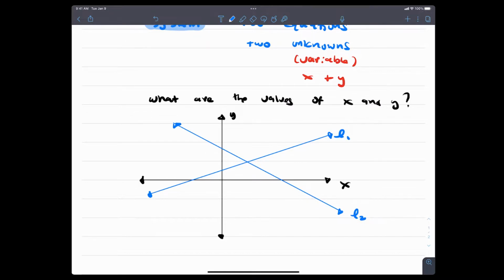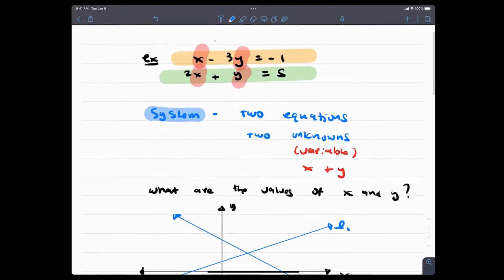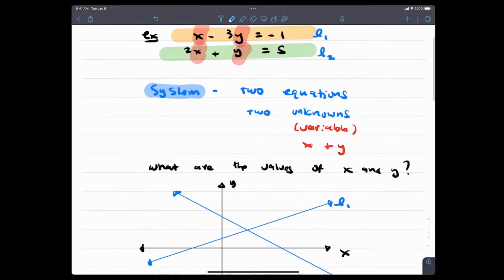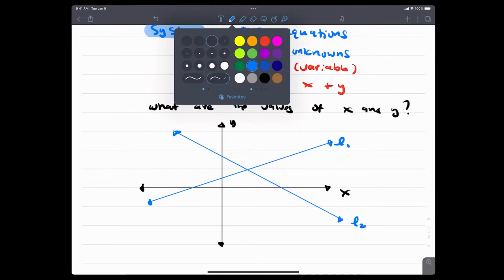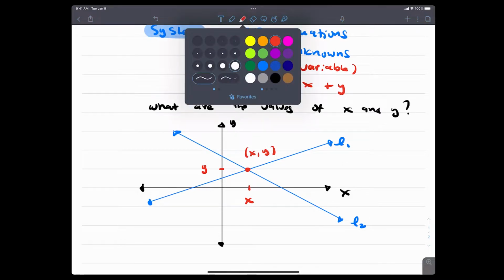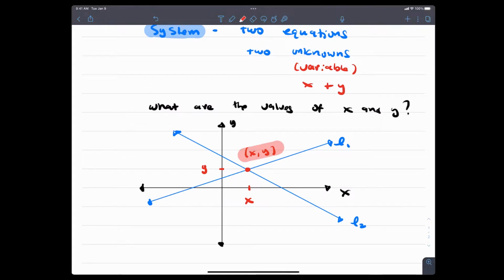Okay? So what's supposed to happen, but it doesn't always happen, is that these lines intersect at a point, at an address. There's an X value and a Y value. So they intersect at a point, X, Y. Right there, L1 and L2.